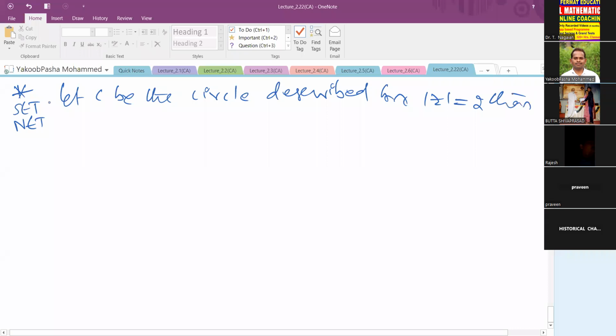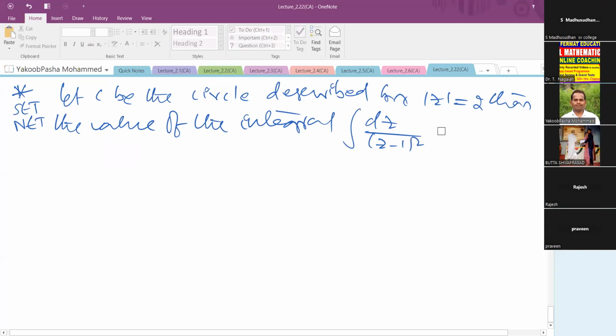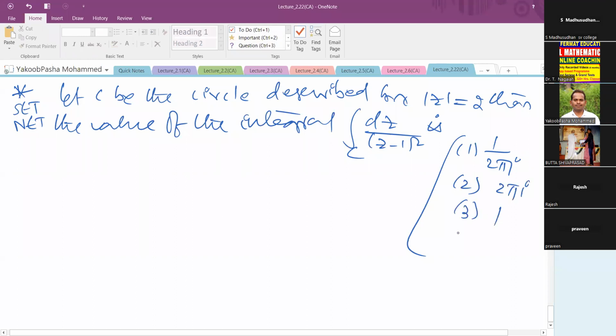Then the value of the integral over C of dz by (z minus 1) whole square is. Just take the options here: 1 by 2 pi i, second option 2 pi i, third option 1, and the fourth option is 0.